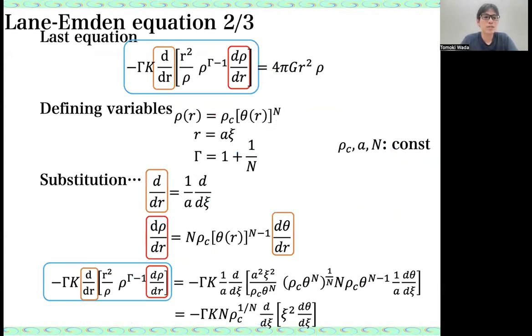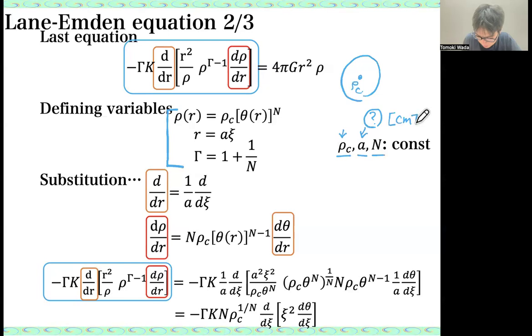But before solving this equation, we would like to introduce dimensionless variables as shown here. Here, rho_c and n are constants, and rho_c is the density at the center of the star, and a is unknown but in units of centimeters.